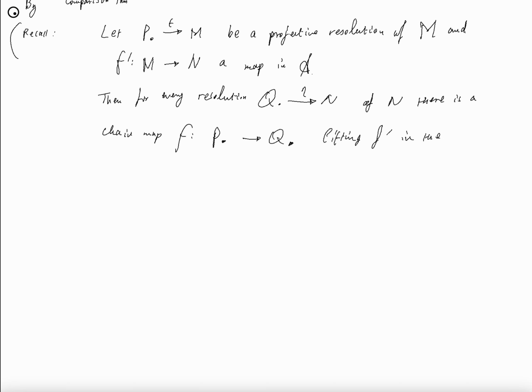This is very like the picture, the realization is very similar to how we define a universal delta functor, right? But here it's only at the level of a resolution, the level of maps of modules.